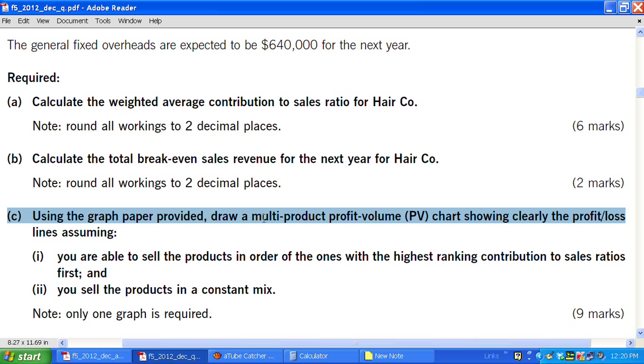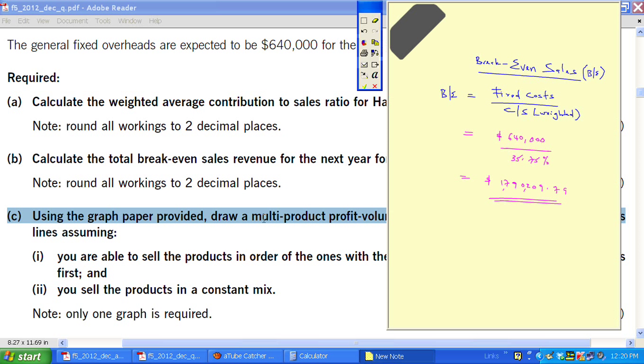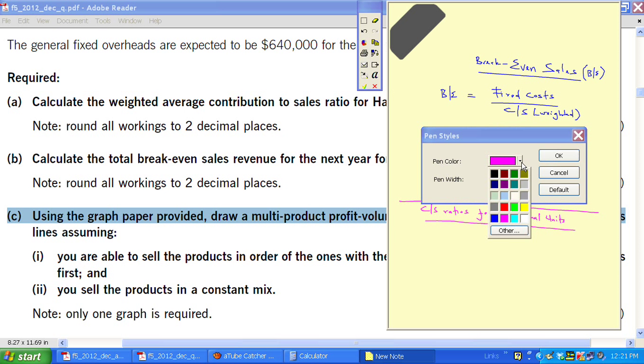first. Okay, so the first thing we need to do is calculate the CS ratios for individual units.